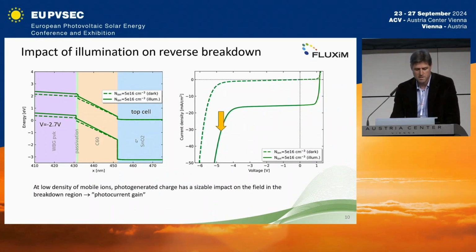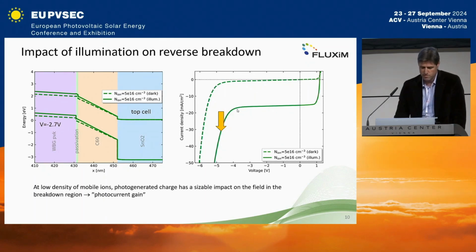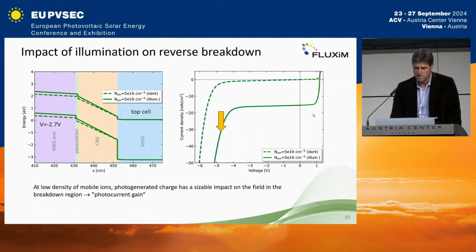And what you see is that the photo-generated charge carrier density also changes the field in this breakdown region, and this changes the tunnel current and leads to an apparent photocurrent gain. So you have a deviation from the superposition of the dark current and the short circuit current here.